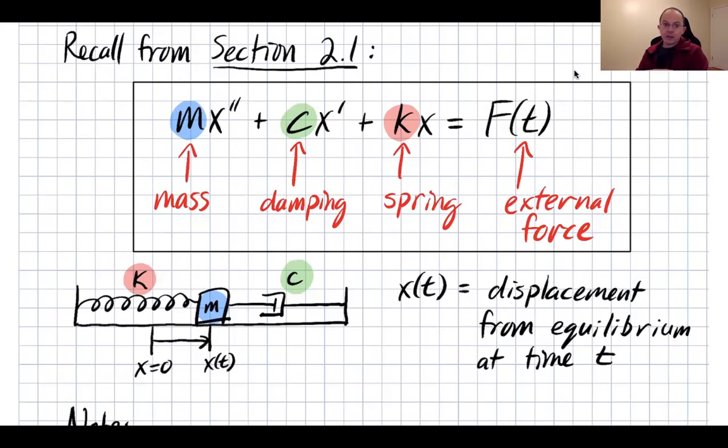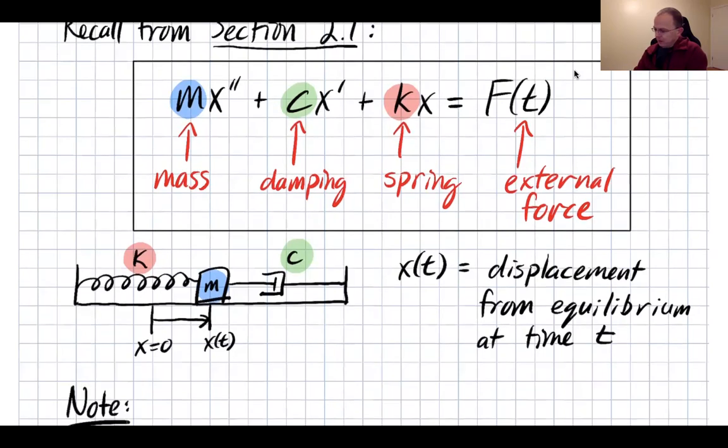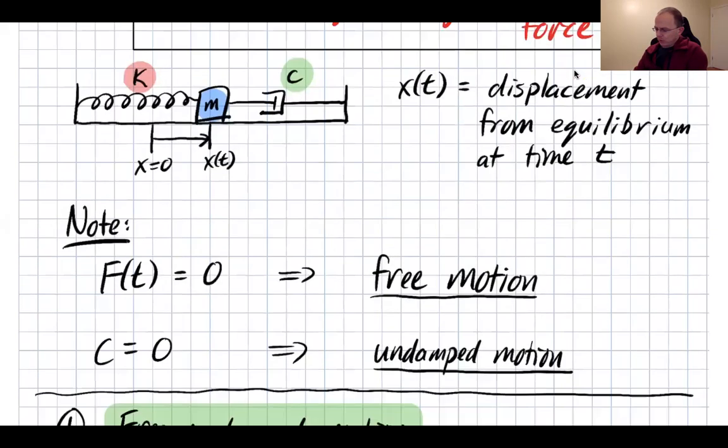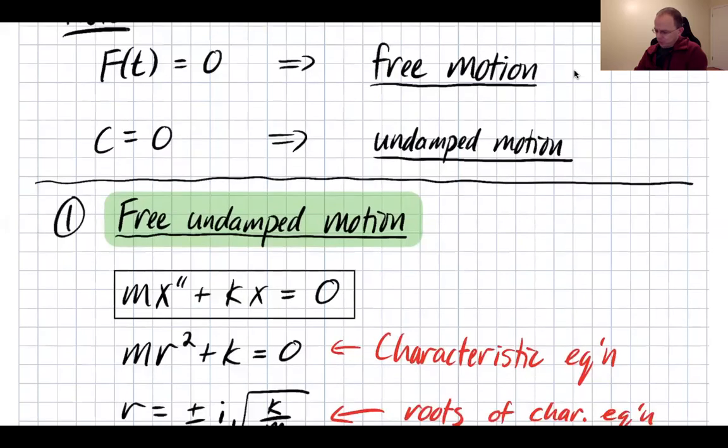In the next section, we'll look at how to solve non-homogeneous equations. And in the following section, that will be 2.6, so 2 sections from now, we'll return to this where we'll look at what happens when we have an external force. Okay, but right now we're just going to be looking at free motion.